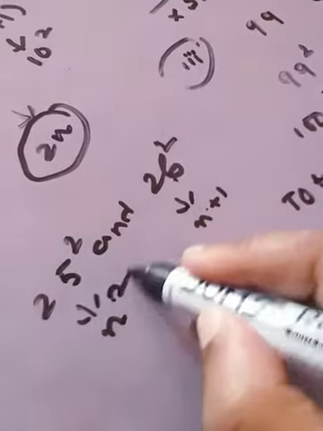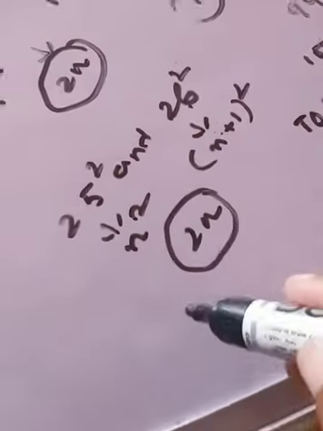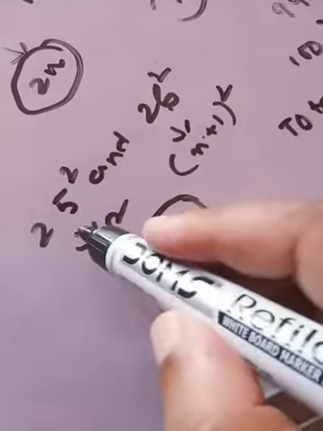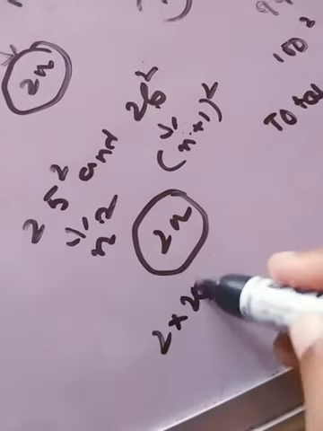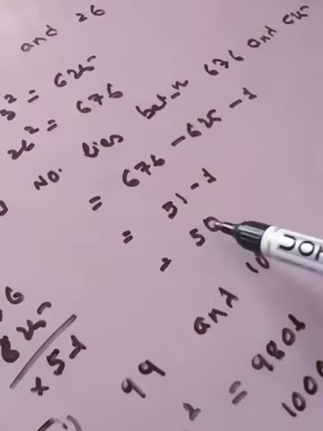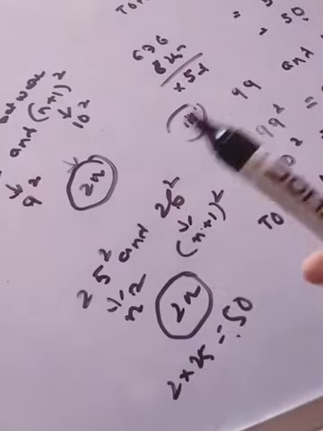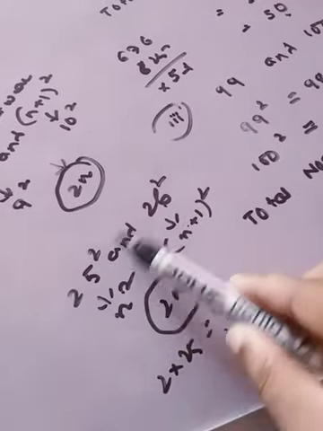Now what is the formula? I said 2n, isn't it? So we'll consider n as 25. So 2 into 25 is 50. So this is a shortcut method. See, the answer came 50, isn't it? So it's matching. It is only applicable when the two numbers are consecutive numbers.